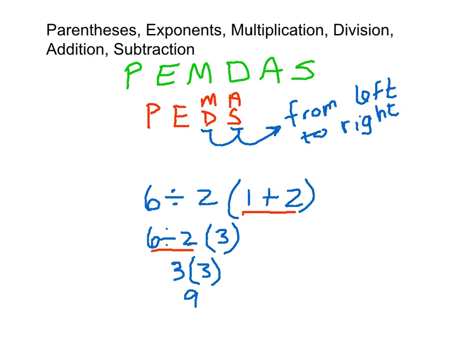Those who claim there is an implied multiplication between these two, you're going to have to tell me why that's the case. You're going to have to tell me why that should take precedence over the order of operations. And other people like to claim that you should distribute the 2 to the 1 and the 2 to the 2. Well, what you would be doing there is multiplication out of turn.